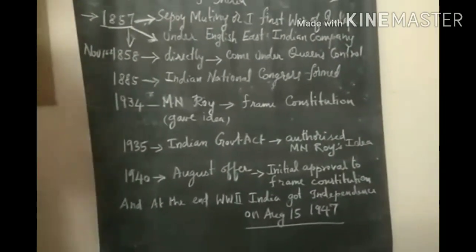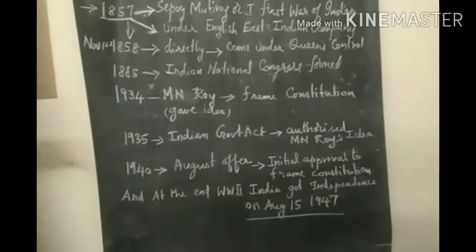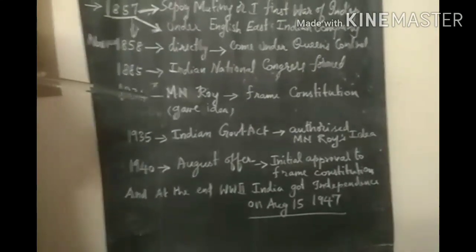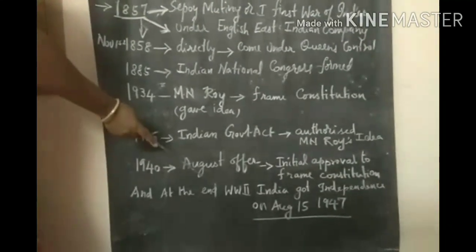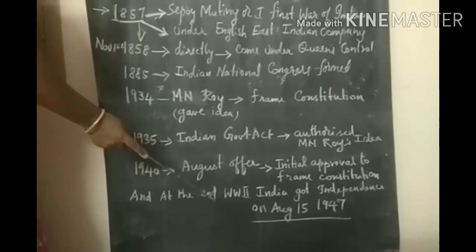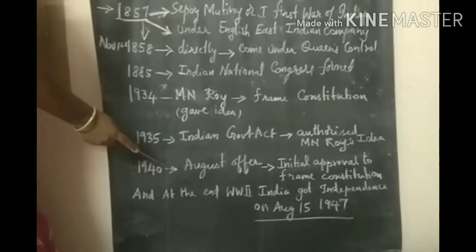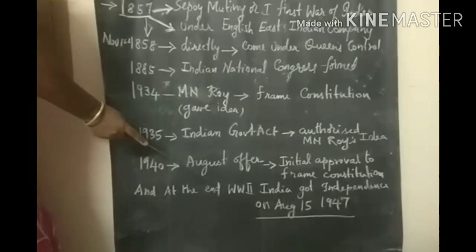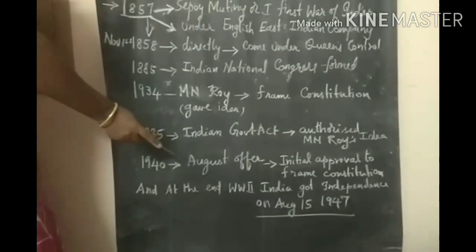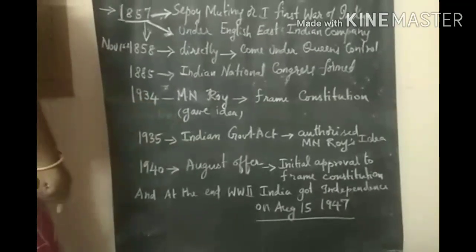So that work was started, and at that time the Second World War was at its peak. In 1945 the Second World War came to an end, and India got independence on August 15, 1947.